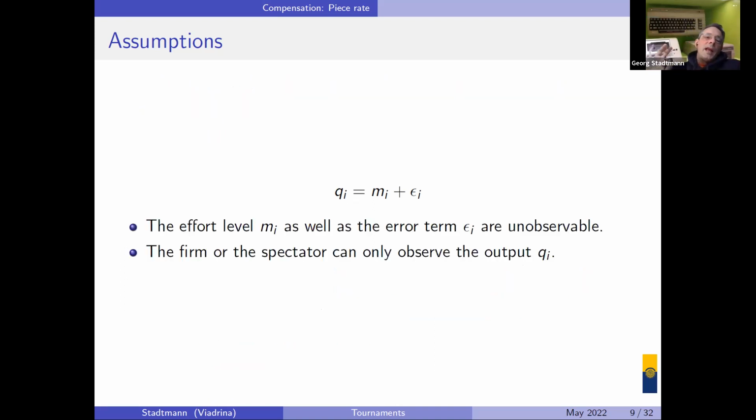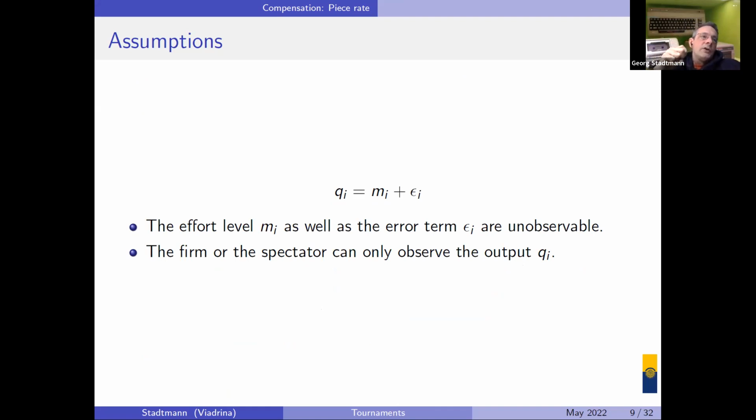We assume that the effort level m_i as well as the error term epsilon_i are unobservable. The firm and the spectator can only observe the output level q_i. So, like on this race day, we can only observe how fast these athletes are running.